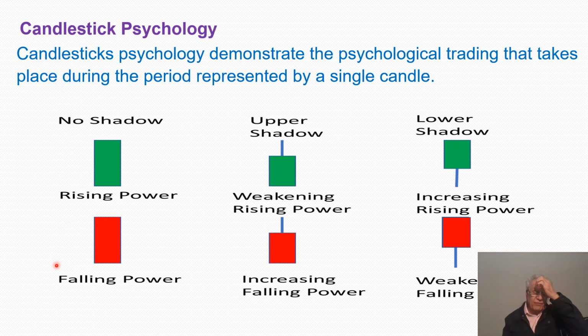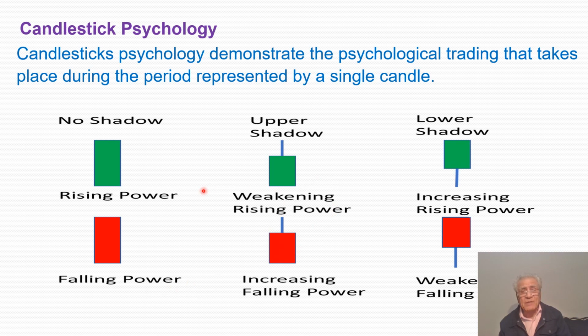In this graph, we have six candles, all with a big, huge, long body, a strong Marubozu. A Marubozu has no upper and lower shadow. This signifies a rising power, big rising power. This signifies a big, huge falling power, bearish.